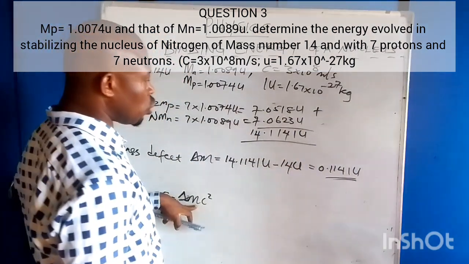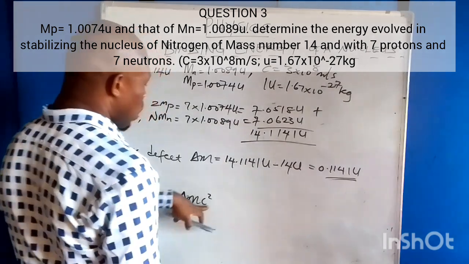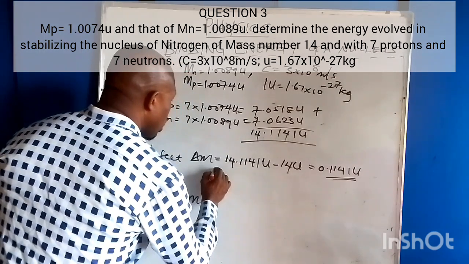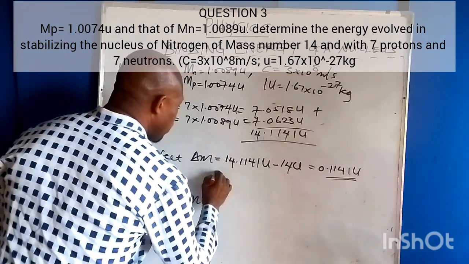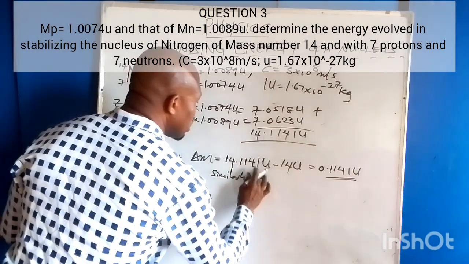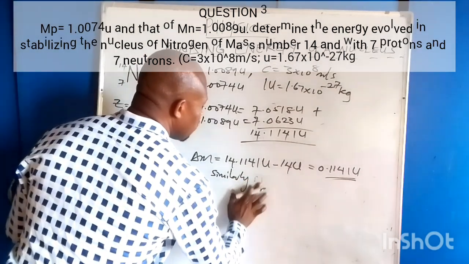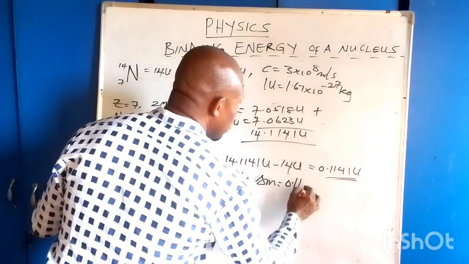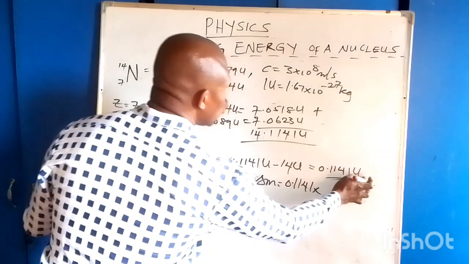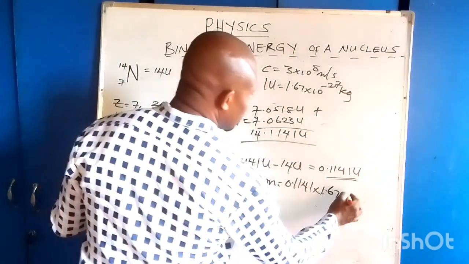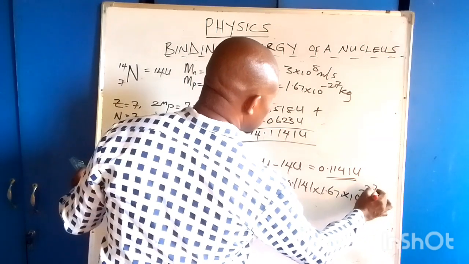Once we convert it to mass, which is in kg, we can now multiply it by this. So in conversion, similarly, mass defect delta m is equal to 0.1141 times U. U is 1.67 times 10 raised to the power minus 27 kg.